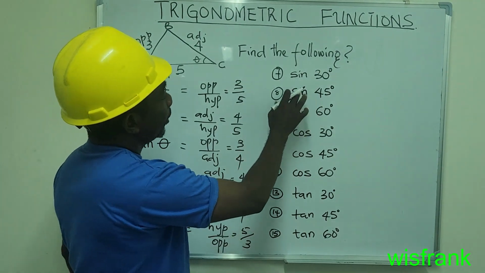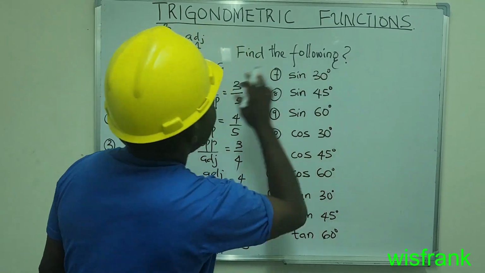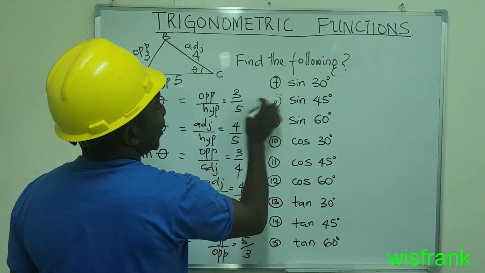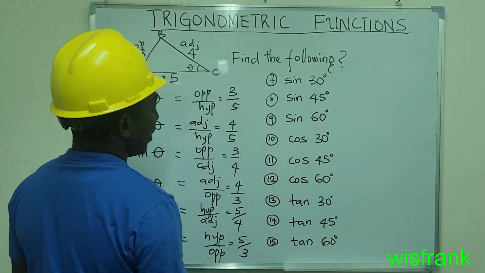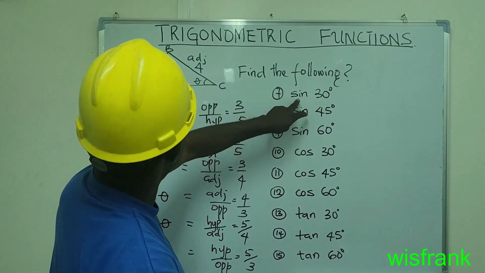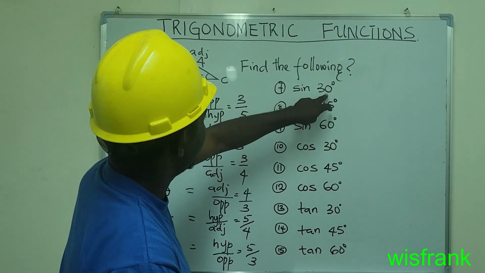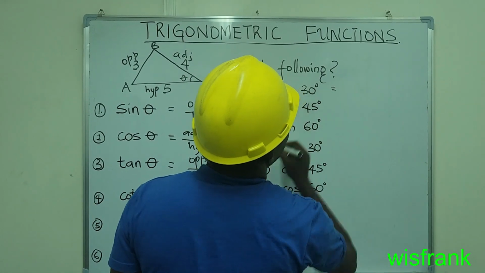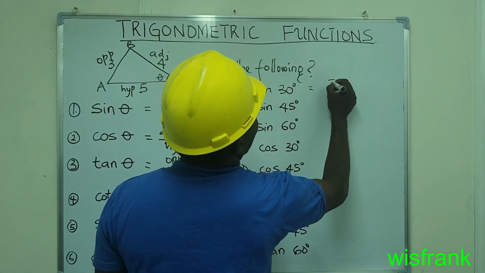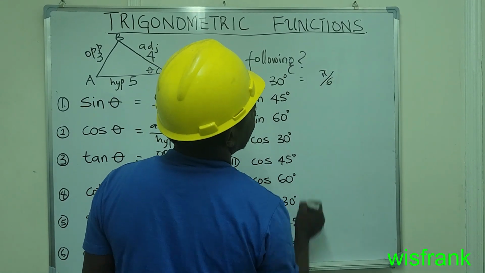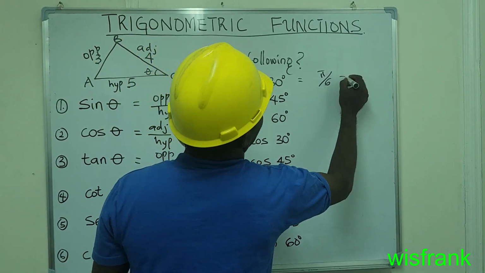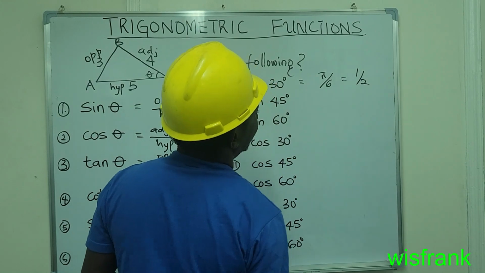So let us find the values when theta here equals 30, 45 and 60 degrees. So sine theta here, when theta is 30, sine 30 is the same thing as pi all over 6. Pi all over 6, if we further break it down, we will have 1 all over 2.